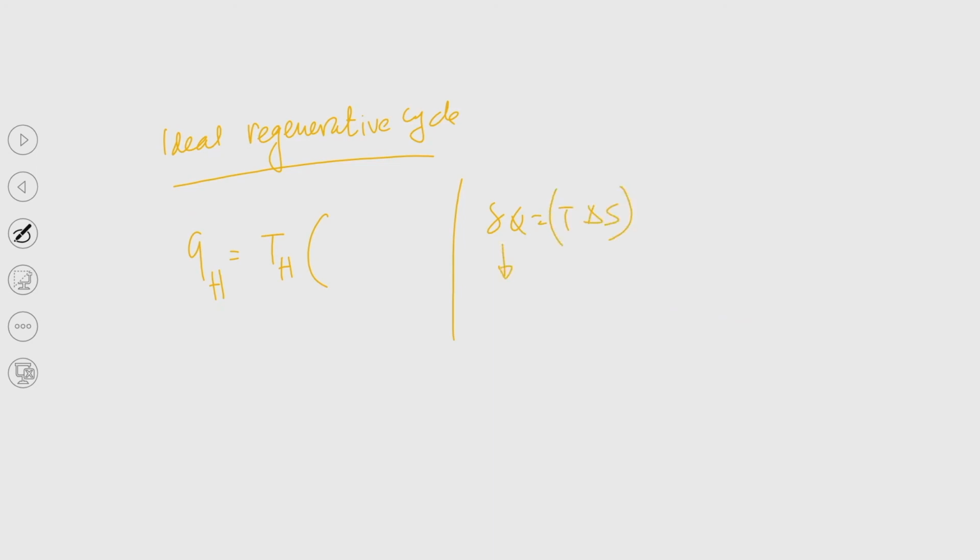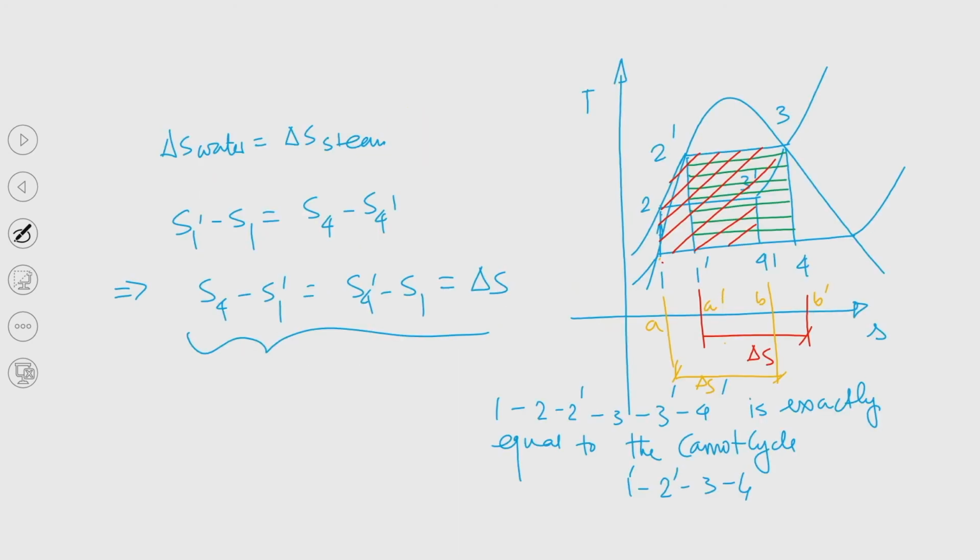If we integrate this process, then ultimately Q will be equal to TH mean into S3 minus S2 prime, that is, from 2 prime to 3. Okay. So, this is nothing but TH mean into delta S, and this delta S is this delta S.